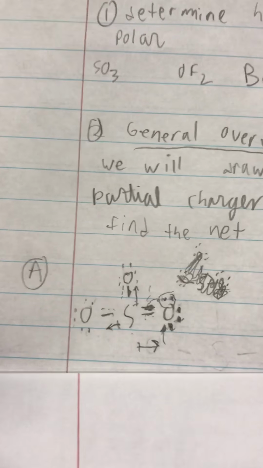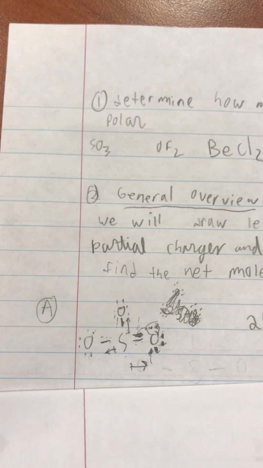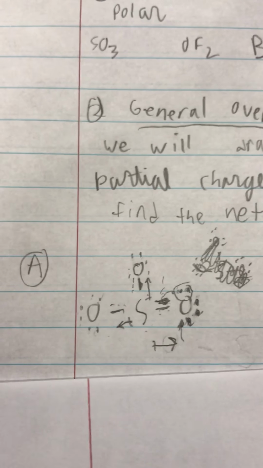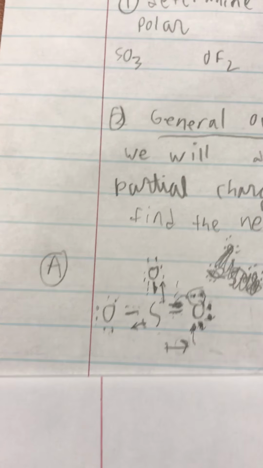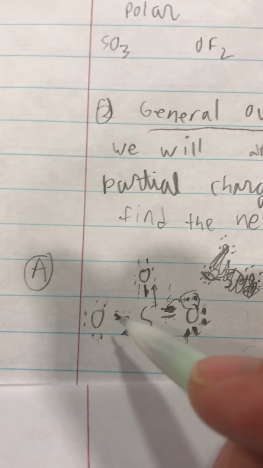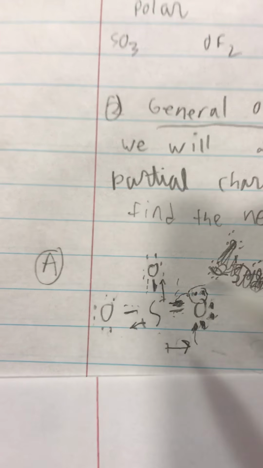So now the question is, is this whole structure polar or nonpolar? So, the question is, are all the domains the same? Now, you may be inclined to say no, they're not all the same, because look, there's a double bond here with this O. Here's the trick, though: because they're all O's, this isn't actually a full bond. You have one bond here, one bond here, one bond here, and then a third of a bond here, a third of a bond here, and a third of a bond here.